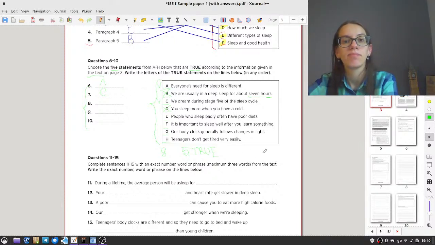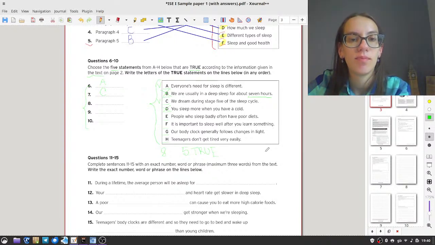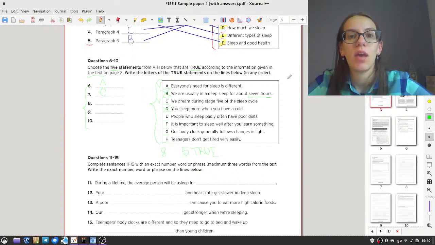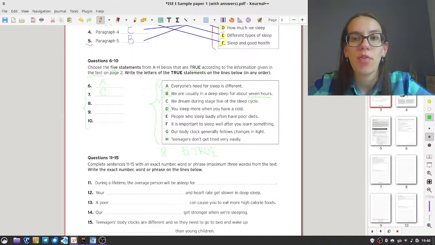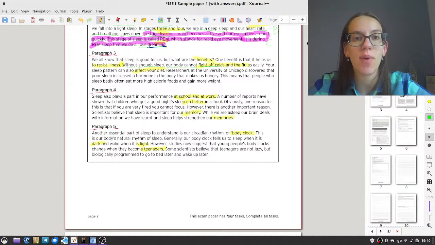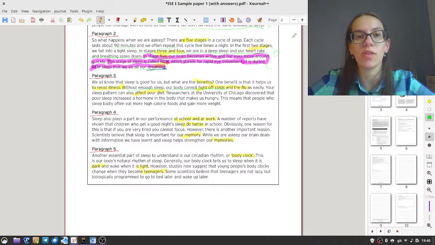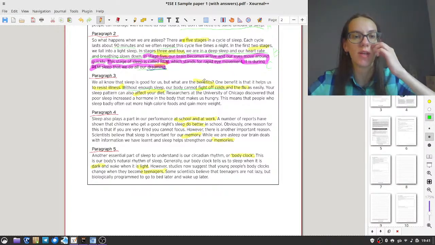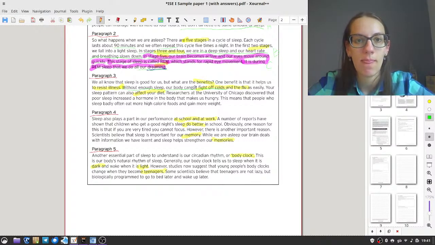Now E. People who sleep badly often have poor diets. Again, in what paragraph would we find this information? Well, actually, it's the same paragraph. The first part of paragraph 3 is about illnesses, and the second part is about diets.